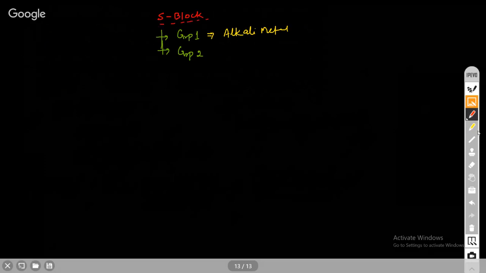S block contains two groups. Group 1 is alkali metals and group 2 is alkaline earth metals. We'll quickly discuss alkali metals first.